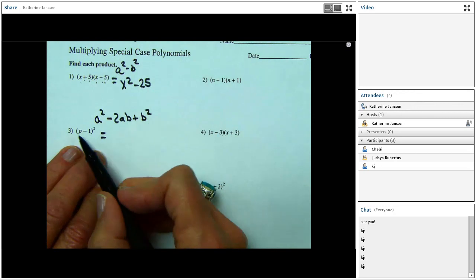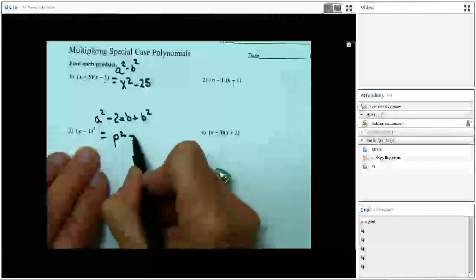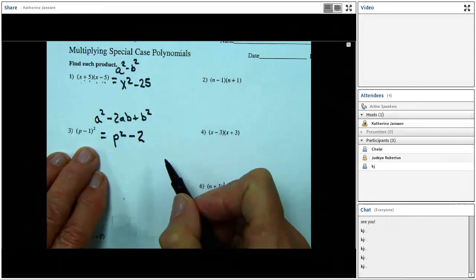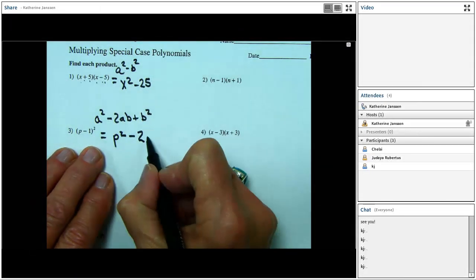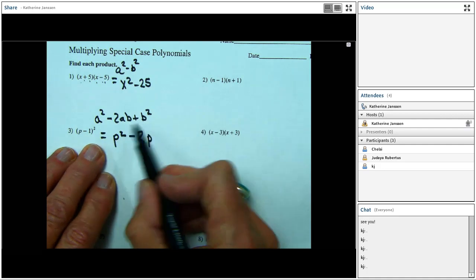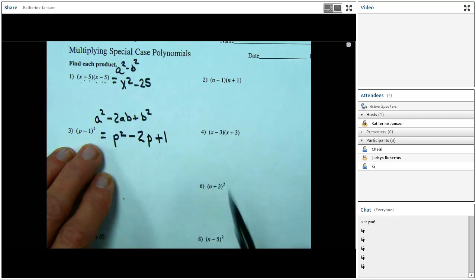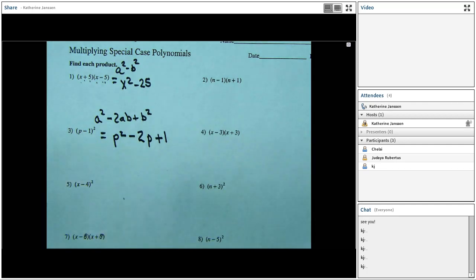In this case, a is p. I'm going to be collecting two like negative terms, and that'd be 1 times p. 2 times 1 times p would be 2p. And square your last term, and 1 squared is 1. p squared minus 2p plus 1.